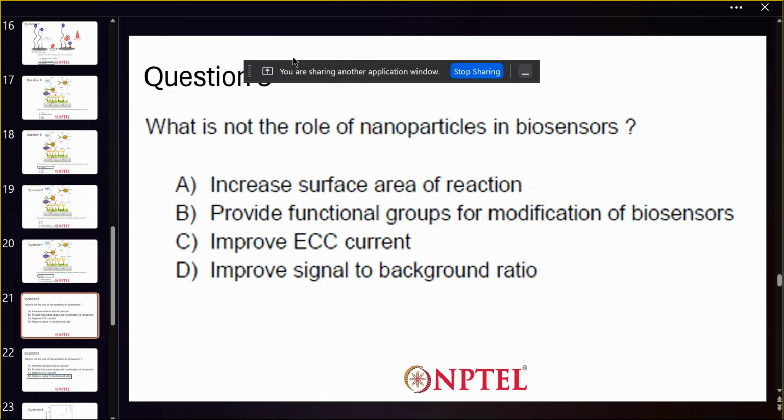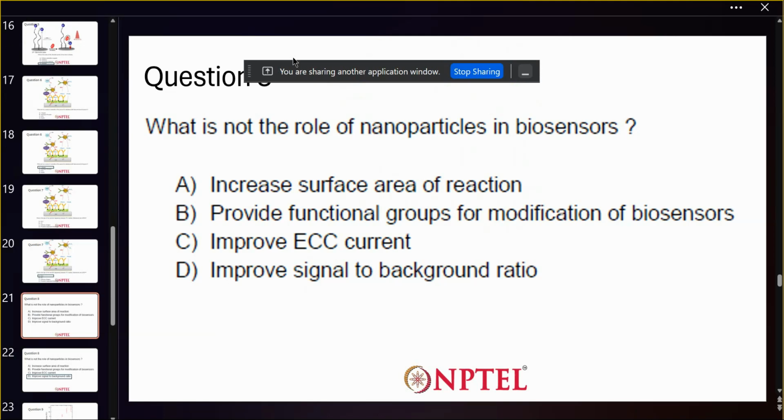You put the OH functional group using NaBH4 and those things. That has been done very widely. The third, improve the ECC current. Nanoparticles enhance the electrocatalytic activity of the reaction. So yes, it does improve the ECC current.